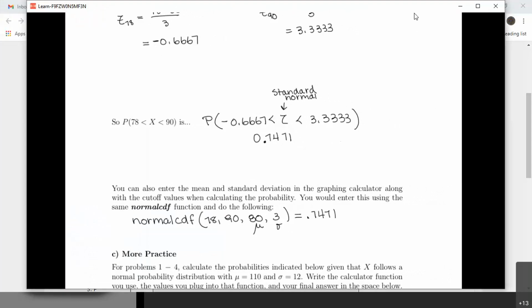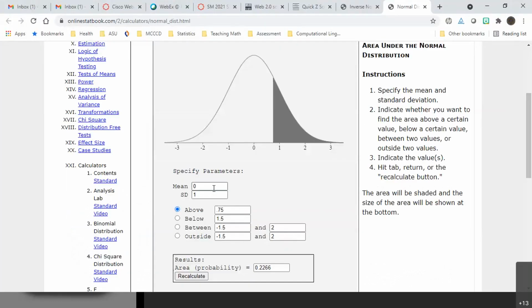On the online calculator, all you would do is put in your mean and standard deviation instead of the 0 or 1. Here, my mean is 80, my standard deviation is 3. Notice it changes the diagram of the density function to show you the mean in the middle, and here's 1, 2, 3 standard deviations above, and 1, 2, 3 standard deviations below.